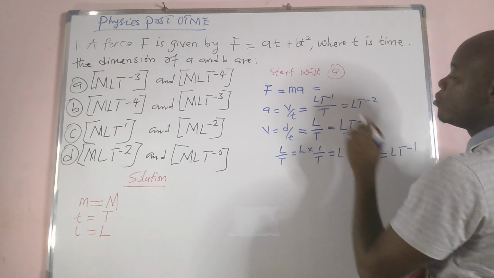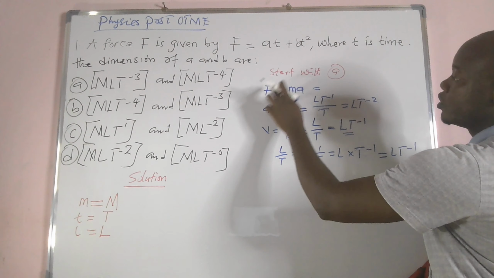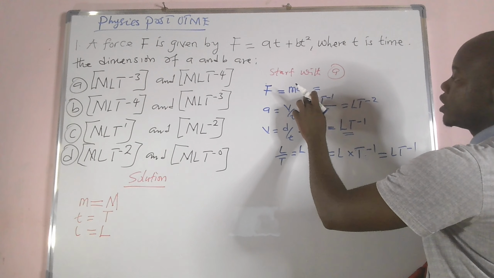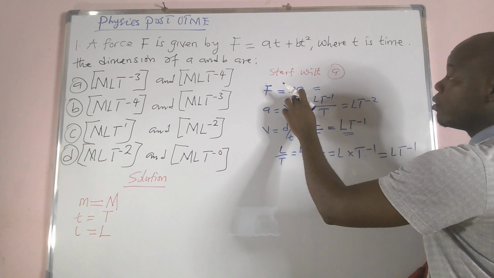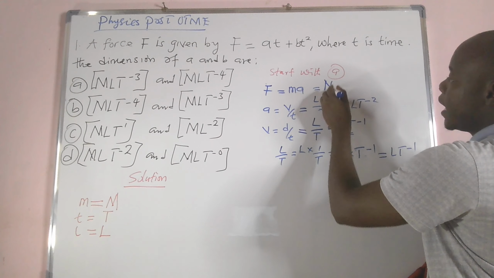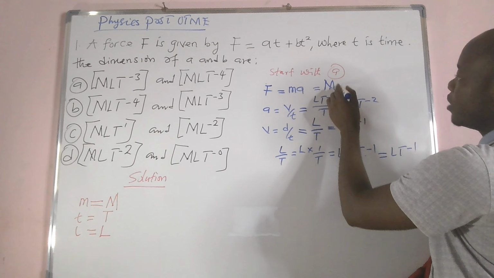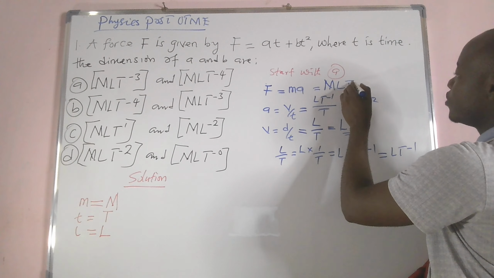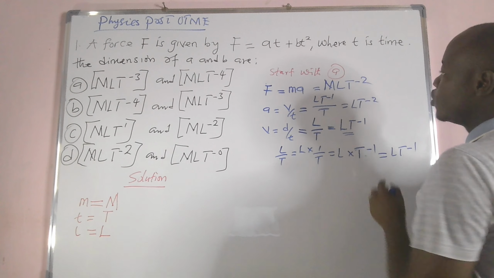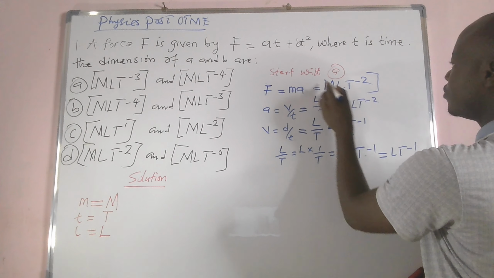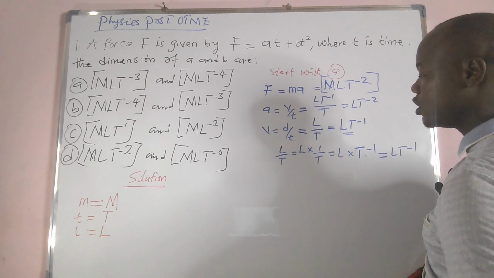Therefore, the dimension of force is mass times acceleration. The dimension of mass is capital M, and acceleration is already here, so we have MLT⁻².